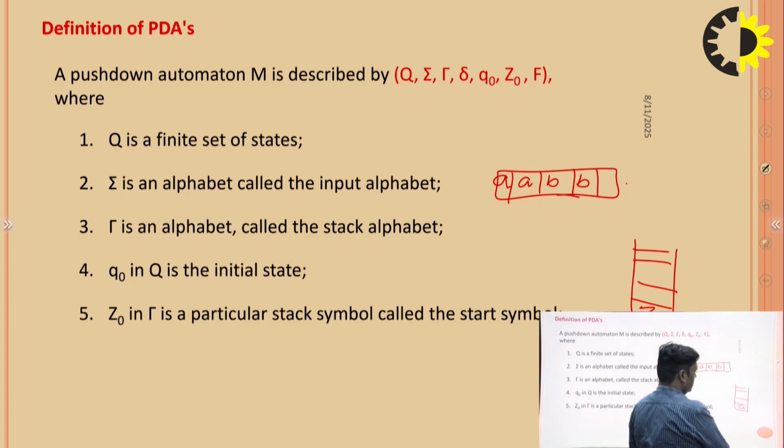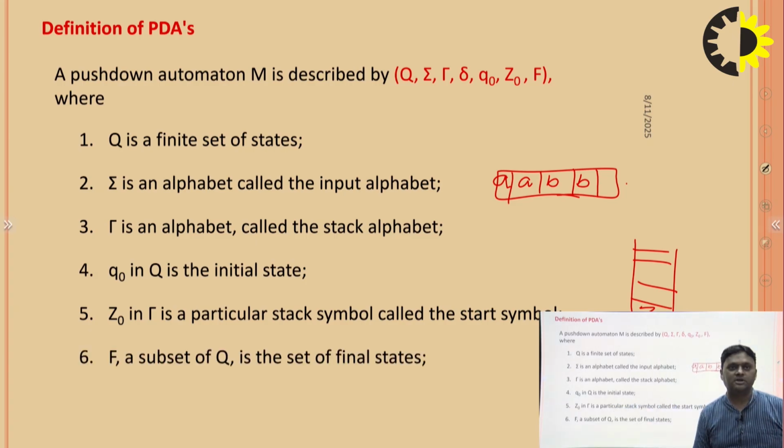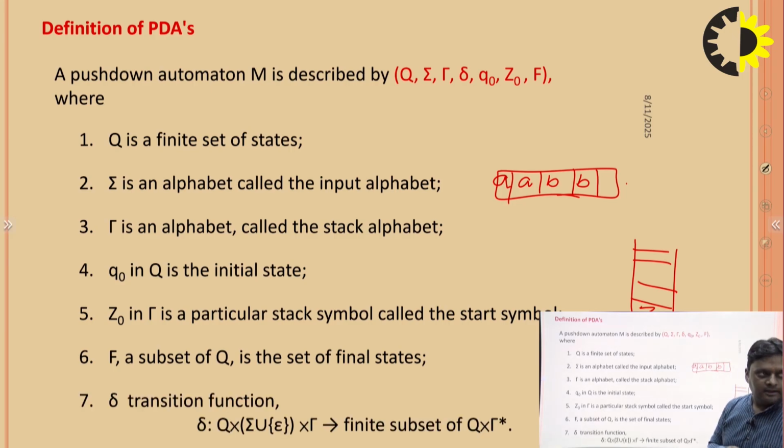The stack symbols are represented by tau, and the initial stack symbol is represented by Z naught. So Q naught is a subset of Q, that is the set of states, and delta is the transition function.